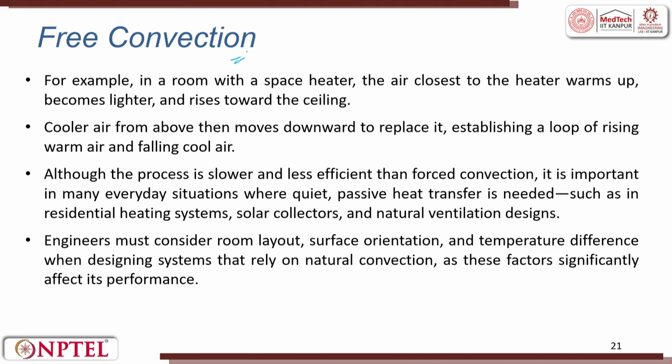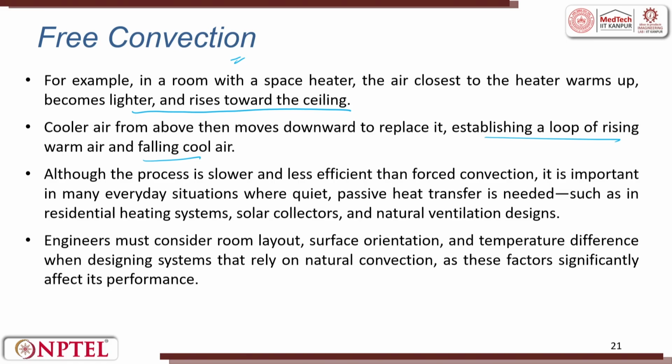Free convection, for example, a room with a space heater. The air closest to the heater warms up, becomes lighter and rises to the ceiling. The cold air from above moves down to replace it and establish a loop of warm and cold air.